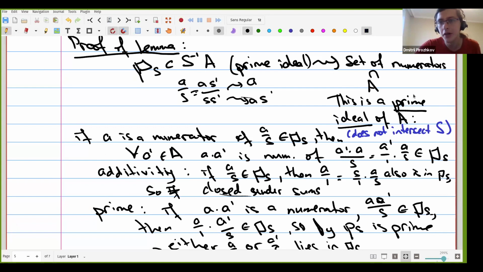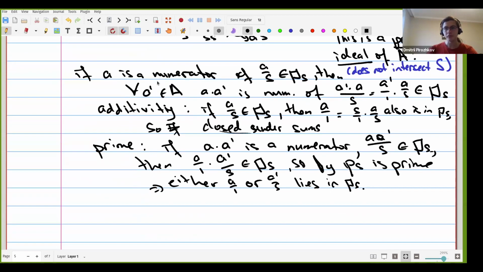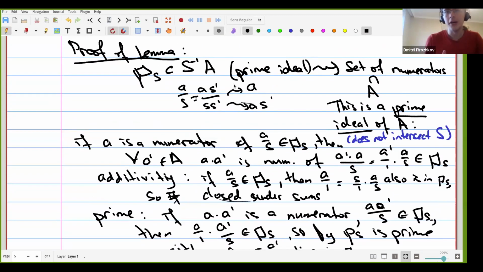Since if we had some fraction where both the numerator and denominator lived in S, we could invert it and get the unit element of the ring by multiplication. And we know that this is impossible in P_S. So this is a correspondence in one direction, and I leave it up to you to check that this is actually a bijection between the set of prime ideals in the localized ring and prime ideals in A which do not intersect S.